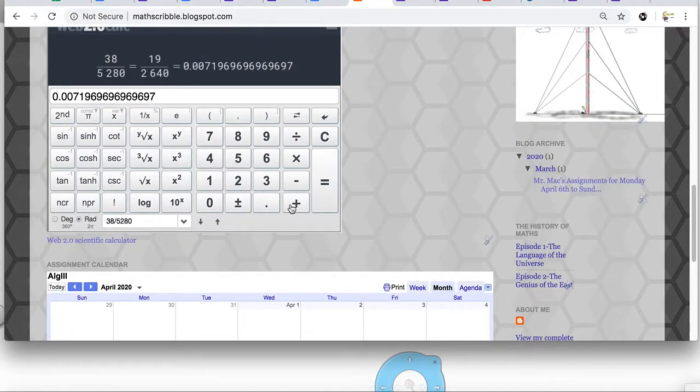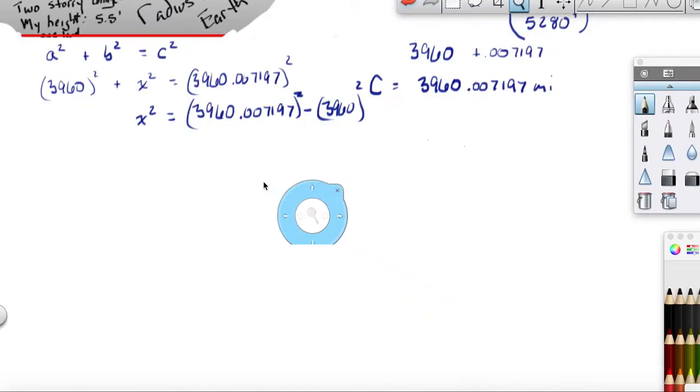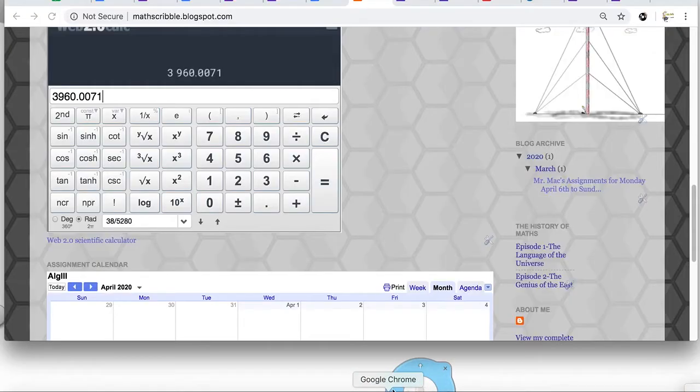We're going to do 3960.007197 squared minus 3960 squared equals about 57.